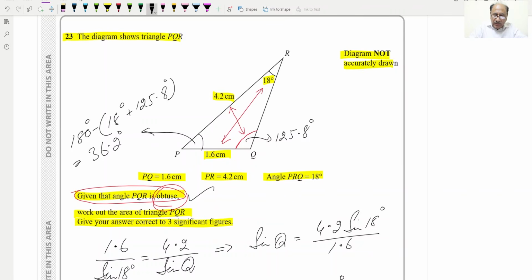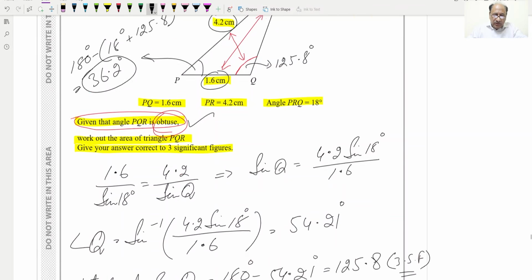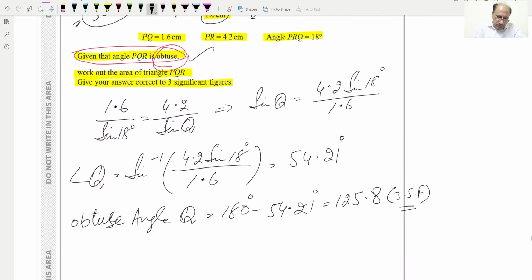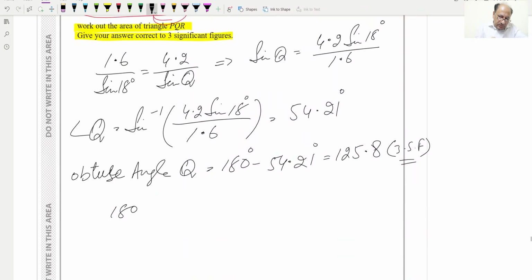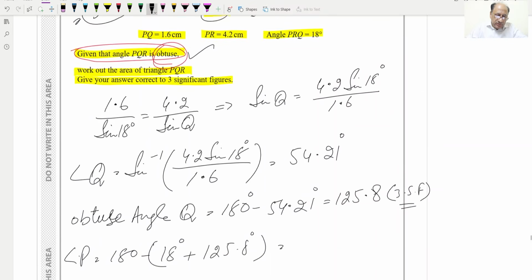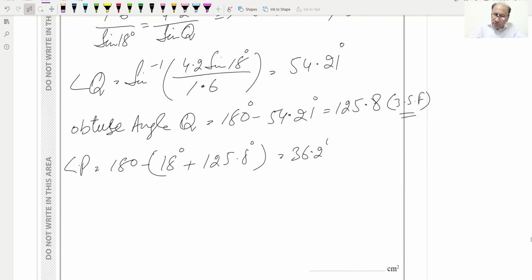Now we got this angle, so because we have these two sides, we'll use this angle to find the area. The working which we have written over here, I'll just copy 180. This is angle P. So we can write angle P is equal to 180 minus 18 degrees plus 125.8 degrees, and we found this one as 36.2 degrees.